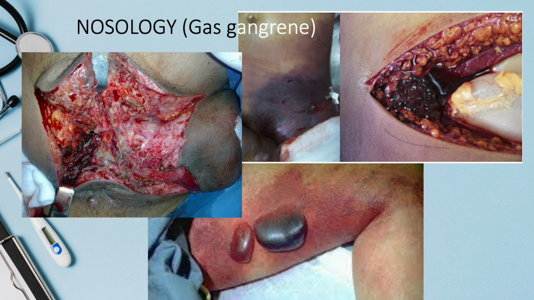Talking specifically about Clostridium perfringens, it is the pathogen that mostly produces gas gangrene.